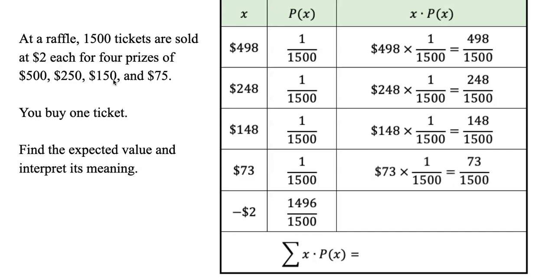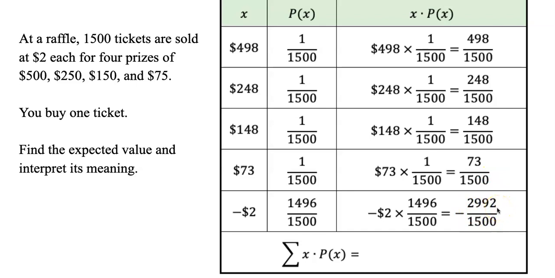But take a look at the very last one. We are multiplying negative $2 by 1,496 over 1,500. So the last fraction came out to be negative 2,992 over 1,500. Now look, compared to these positive numbers, positive, positive, positive, positive, this is a big negative number.